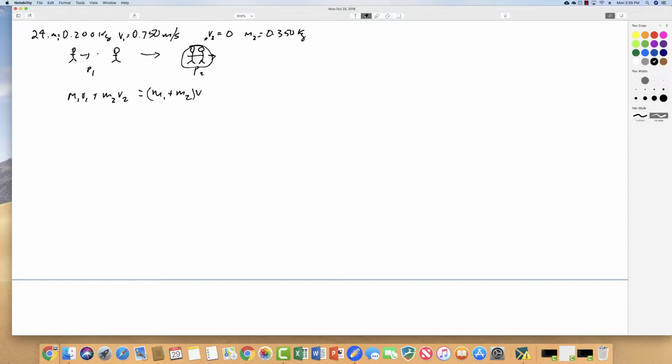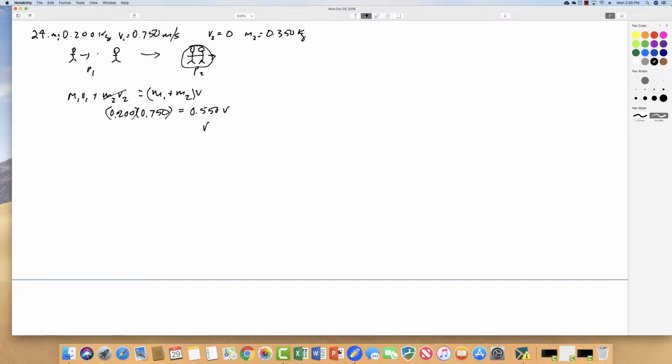Now it's easier because this is 0, so we can eliminate this. So we have 0.2 times 0.750 equals 0.2 plus 0.35, which is 0.55, times v.